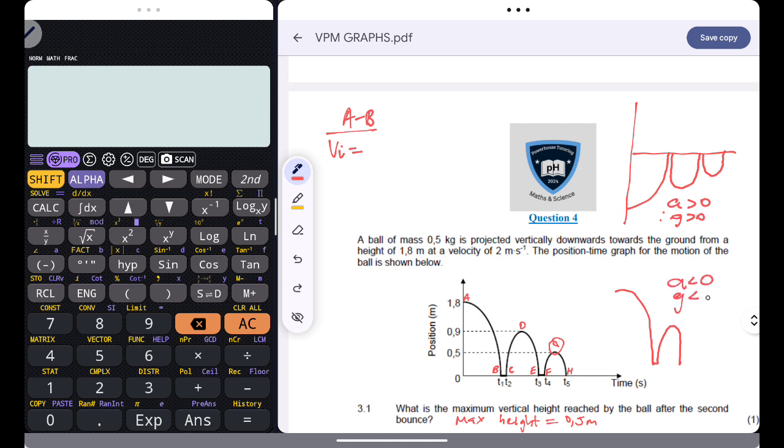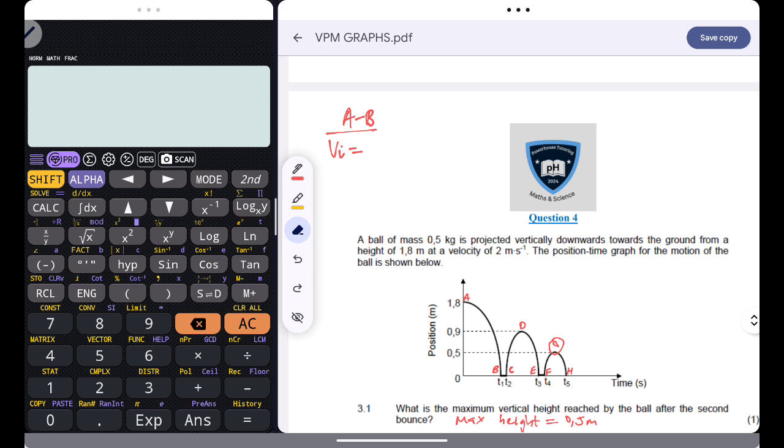That means g is also less than 0. g is always less than 0 if and only if upwards is taken as positive. So in this case, the examiner has taken upwards as positive, even though he did not specify that we must take up as positive. But I'm going to follow him and take up as positive as well.